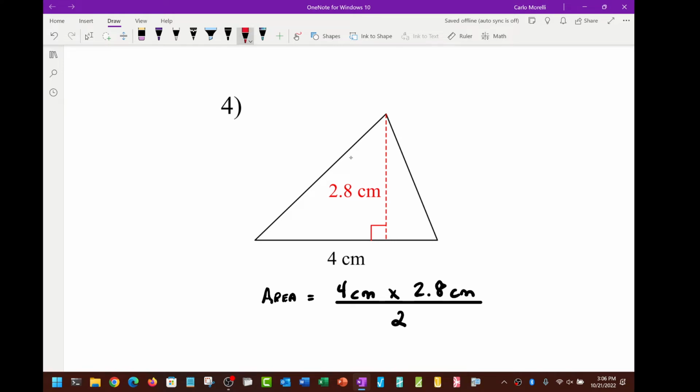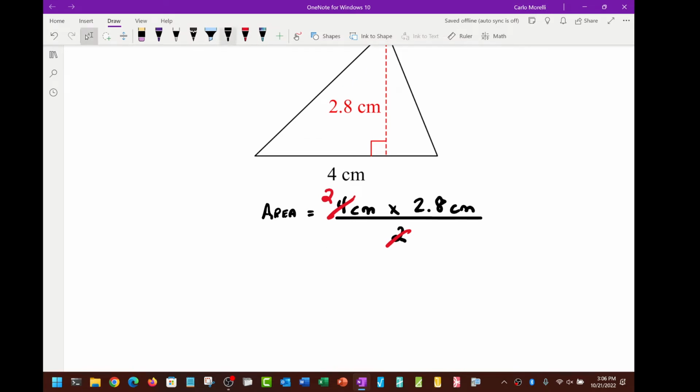I can do a little cancellation here, and I can make that a 2. And so now I just have to multiply 2 times 2.8. You want to be careful about your work, you might as well multiply it out. 8 times 2 is 16. 2 times 2 is 4 plus 1 is 5. And we have 56, but there's a decimal, so it's 5.6.